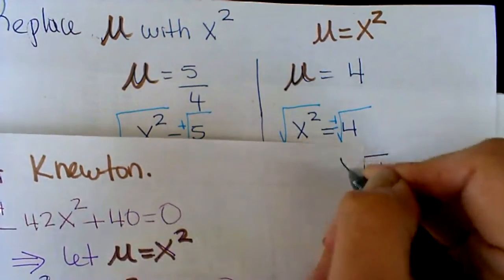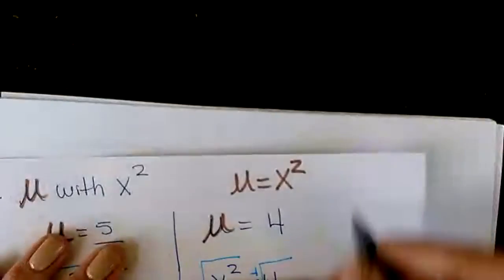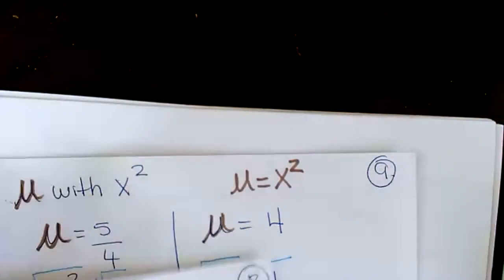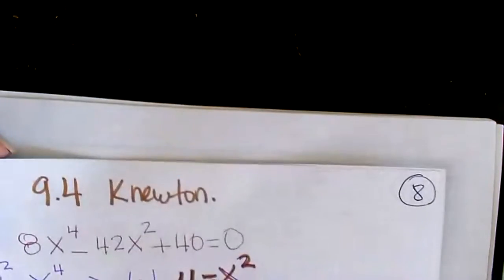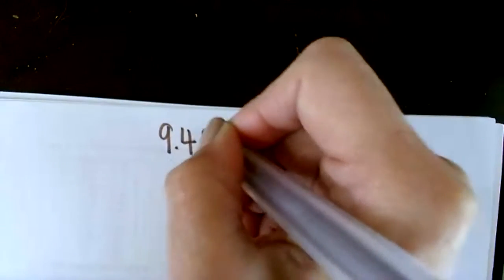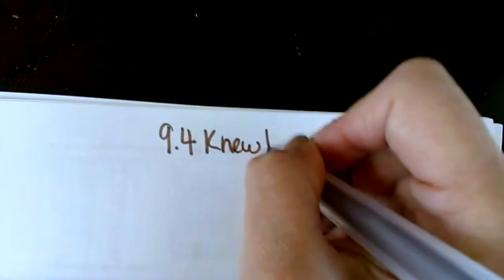Okay, 7, 8, 9, and this is from Newton, okay? 9.4. Okay, so let's do it.